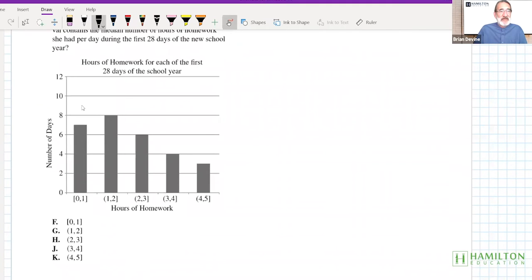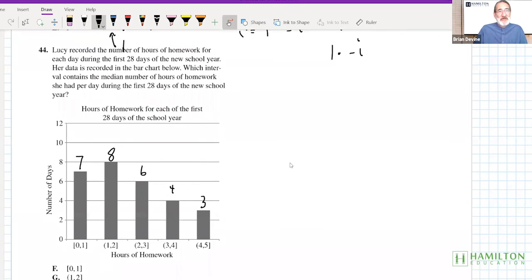And if we look at this, what this says is that she had 7 days that she studied for about an hour, and she had 8 days that she was within 1 and 2 hours, and she had 6 days she studied for 2 or 3 hours, and she had 4 days where she studied 3 or 4 hours, and she had 3 days where she just turned it on. And if we look at that, well, the median number should be in the middle. And out of 28 days, it should be the 14th and 15th from either end.